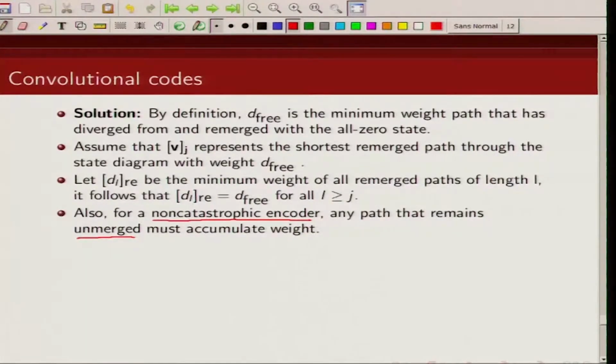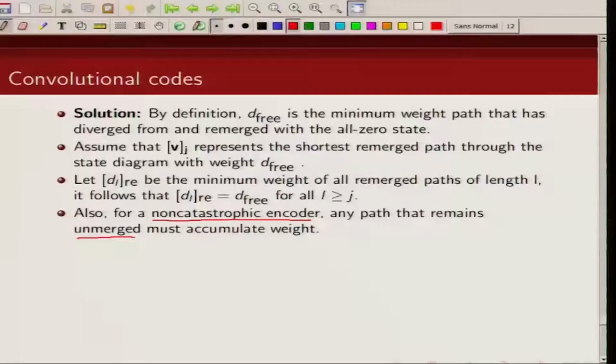It is only for a catastrophic encoder that we have a situation where input weight is higher and output weight is smaller, but if it is a non-catastrophic encoder, it will accumulate weight. So, any path which has not yet merged with the all 0 state will accumulate more and more weight.